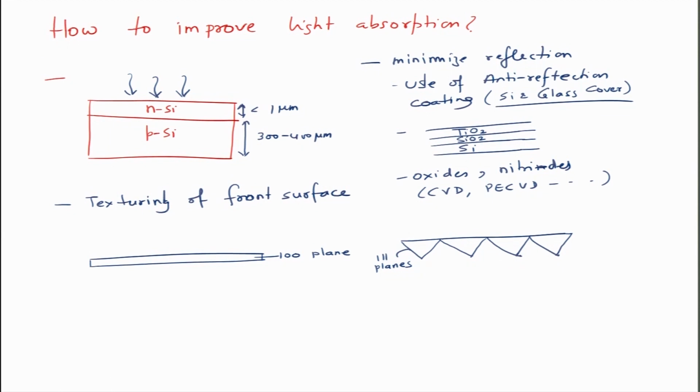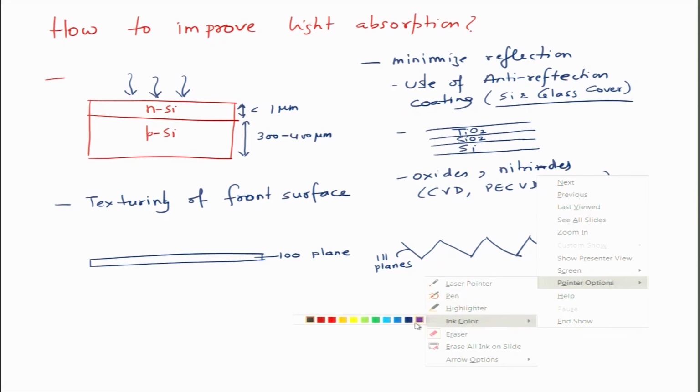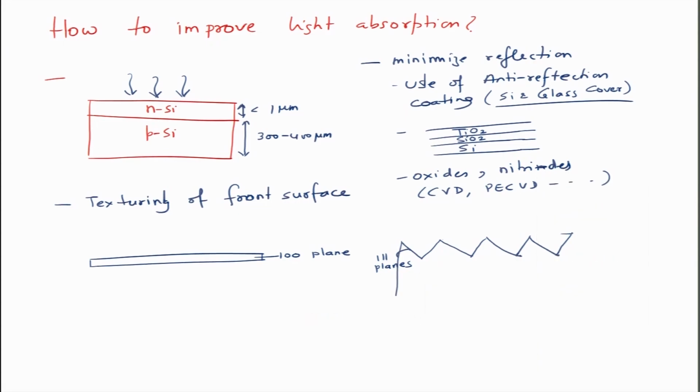If you do the etching of silicon in such a manner that you are able to expose these 111 planes, so that this is removed, what you are left with is a surface like this. So, we have a surface in which, although these planes are all 100 planes, on the top, because of chemical etching, we have preferentially removed the atoms from certain planes, so that the 111 plane is exposed.